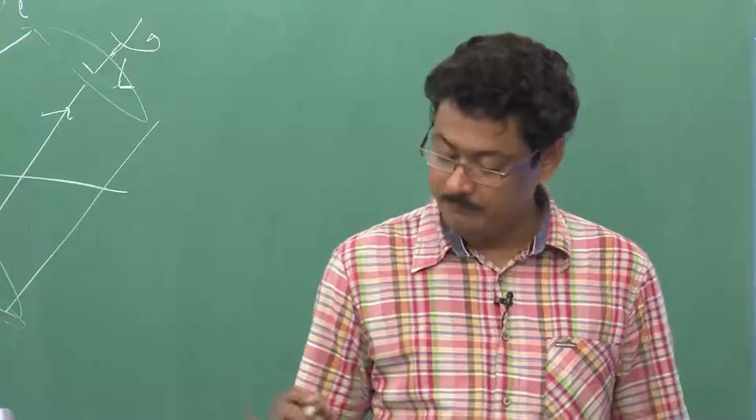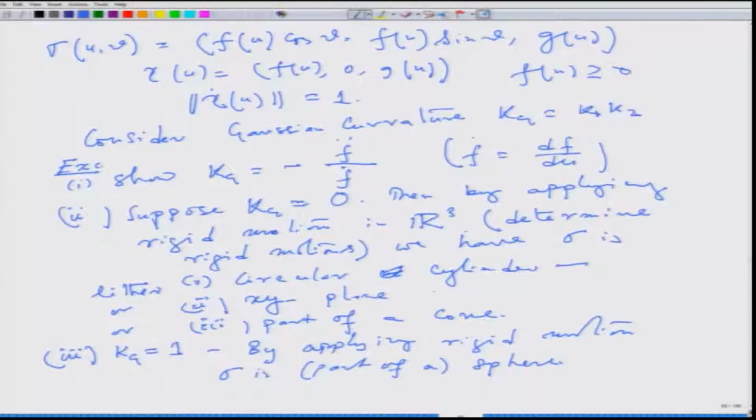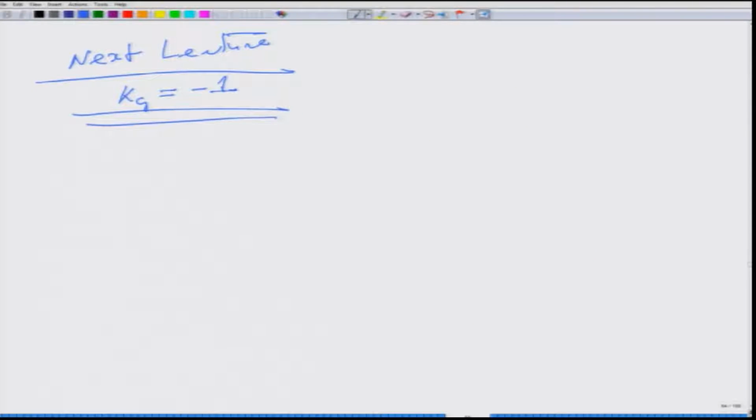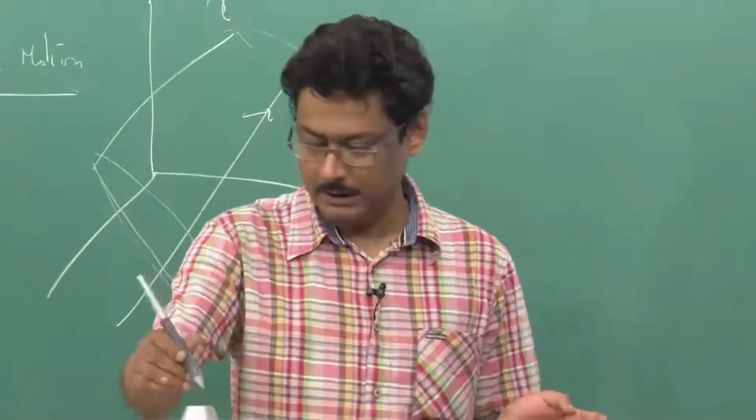For instance, for circular cylinder, xy plane, part of a cone and sphere, we know all the geodesics. For circular cylinder we know they are straight lines, circles or circular helices, in the xy plane they are straight lines only, for part of a cone these are meridians, and for sphere of course we know the great circles, but here things will be quite different. We will see it in the next lecture.